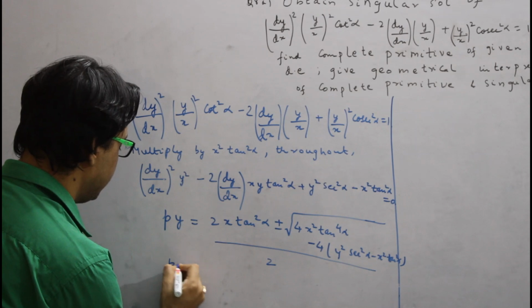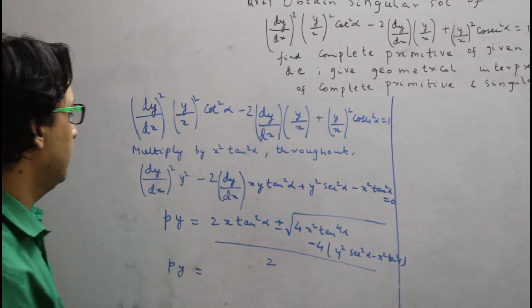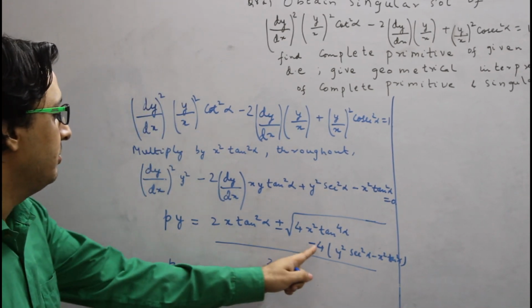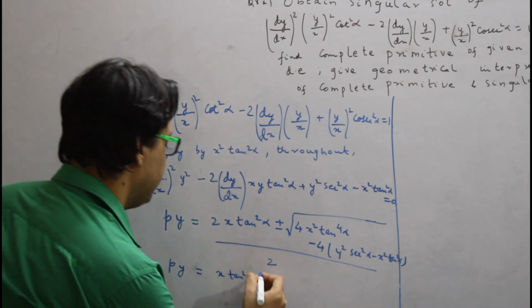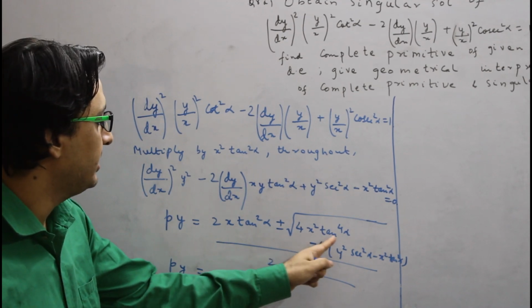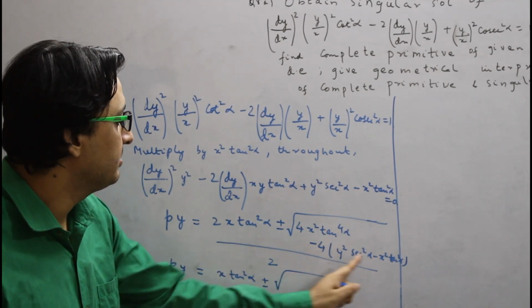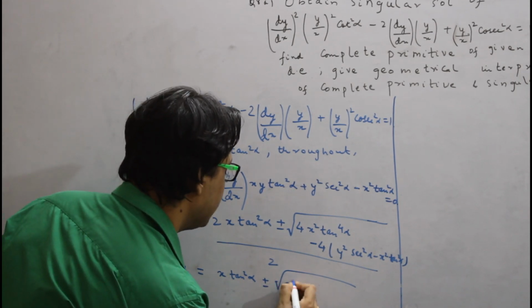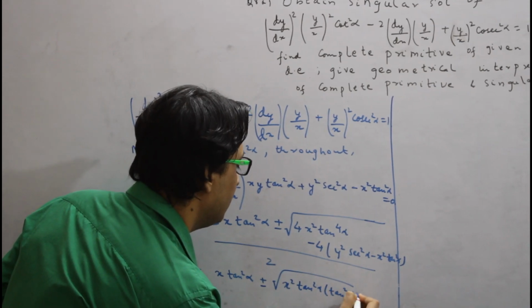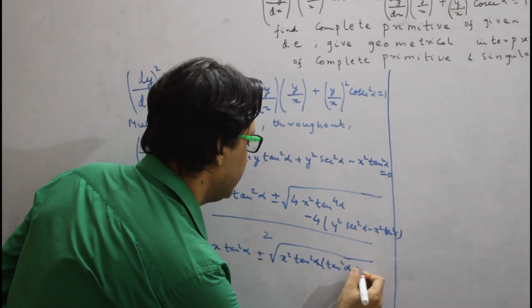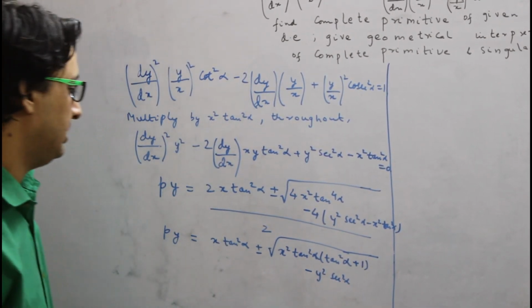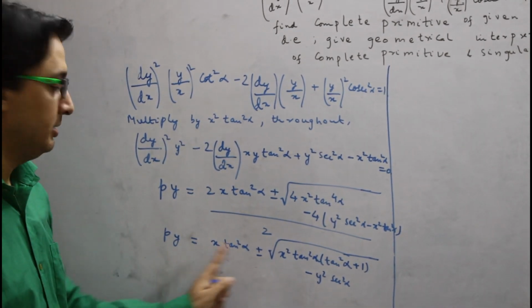So we can write py as x tan²α. Now we can take the 4 outside, and that will also be cancelled out. So here we see x² tan⁴α, and this minus minus becomes plus. So I can take this as common, tan²α plus 1 minus y² sec²α. So we have got py in terms of this.